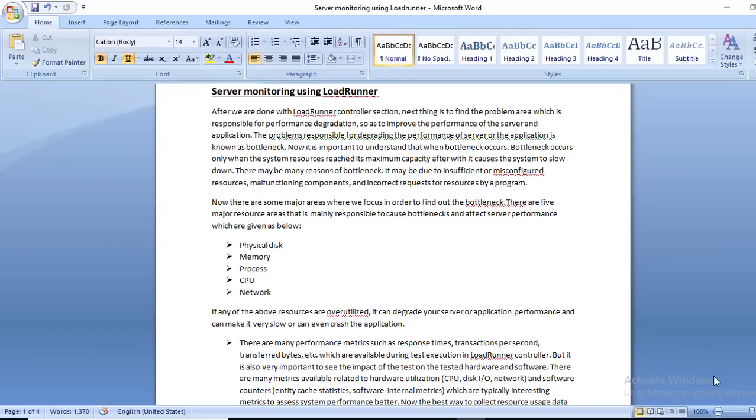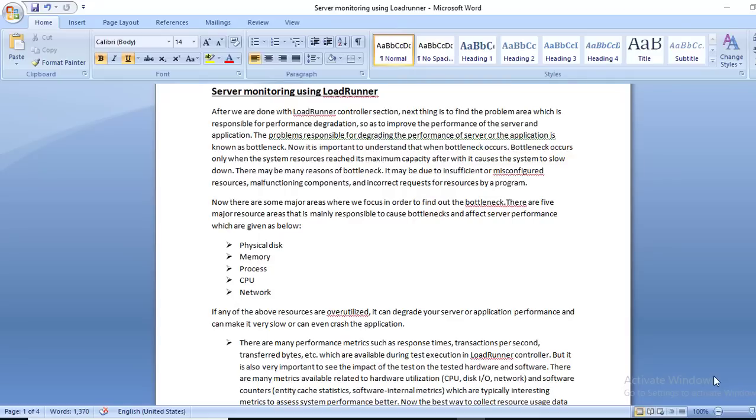Processes: so many processes occur, and any process could be causing a bottleneck. High CPU value such as 80%, 90%, 100%. You might have seen that the system is showing utilization of 90%, 95%, 99%, causing it to hang.